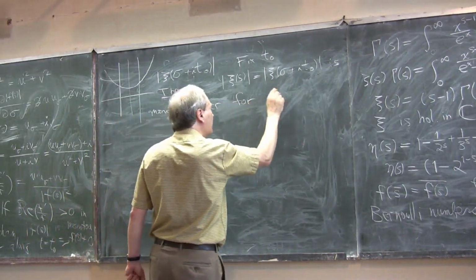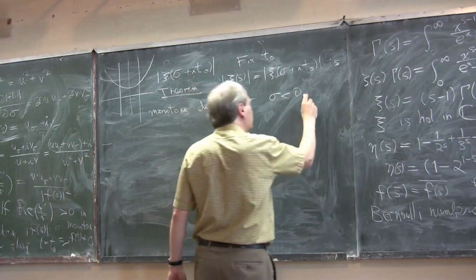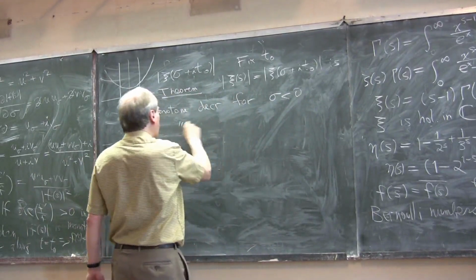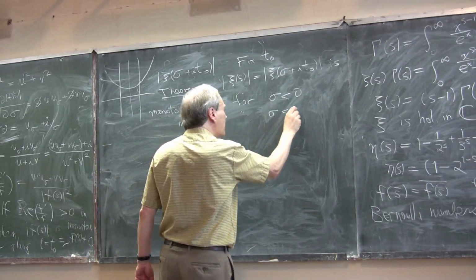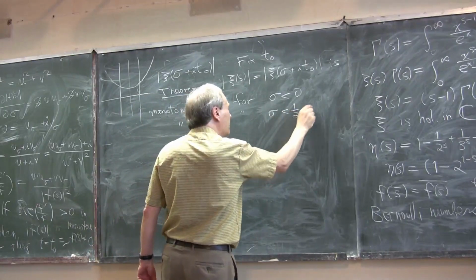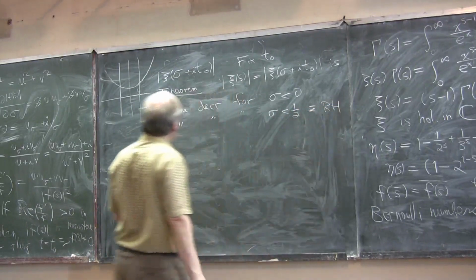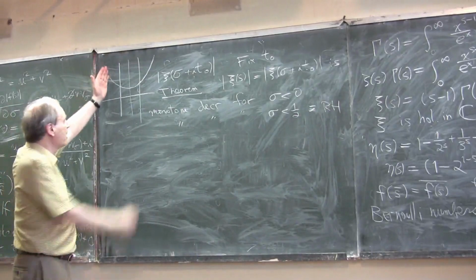for sigma less than 0, and also monotone decreasing for a slightly bigger region, sigma less than 1/2. This is equivalent to the Riemann hypothesis. So the theorem says it's decreasing up to 0.